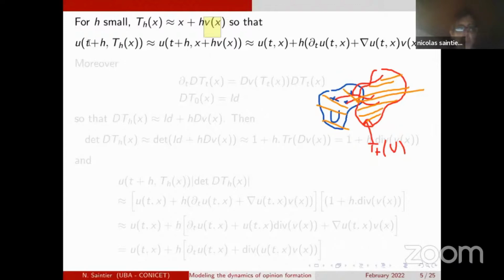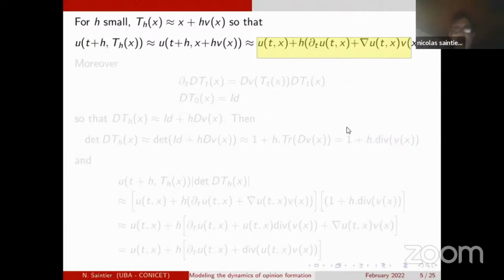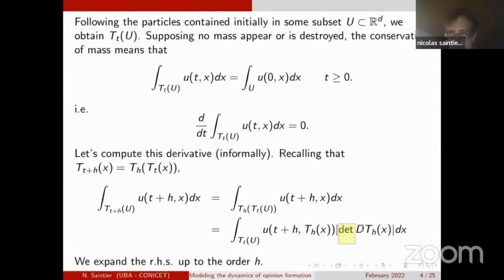Right? So I put that here, make my Taylor expansion, got that. Okay, so easy. Then the second term, what is the second term? The second term is this determinant, the Jacobian. Okay, maybe a little bit more, not that easy.